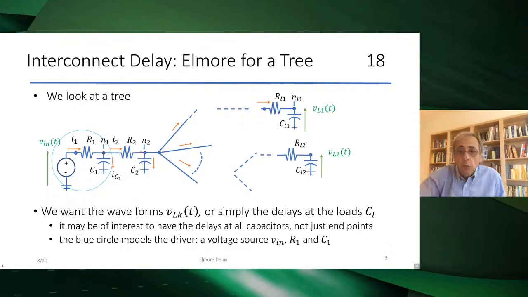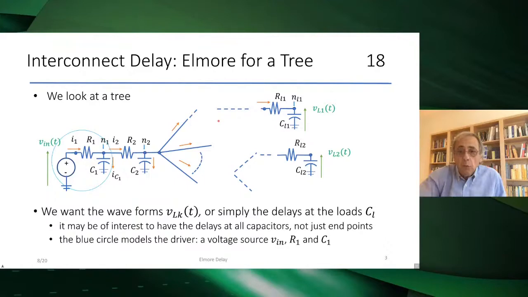And from here on, you have an interconnect with endpoints that would represent the transistor gates on the receiving logic gates. And our interest is to find an estimate for the time in propagation to the endpoints or to some intermediate points that we may have here.